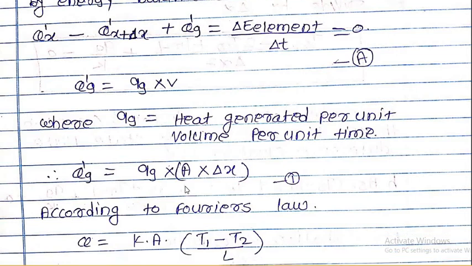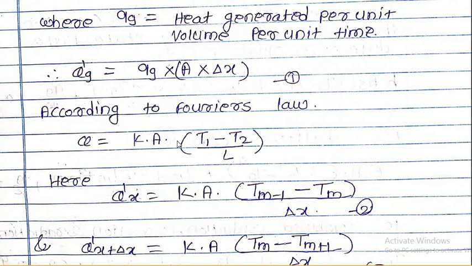According to Fourier's law, q is given as k multiplied by A multiplied by T1 minus T2, where T1 is the initial temperature and T2 is the present or next temperature.